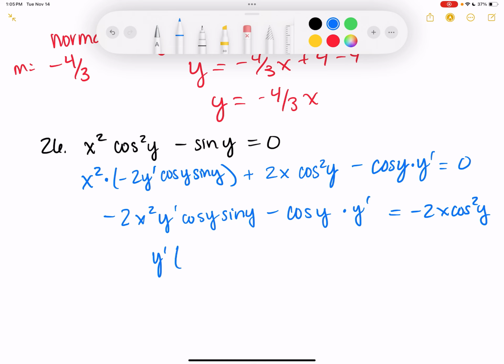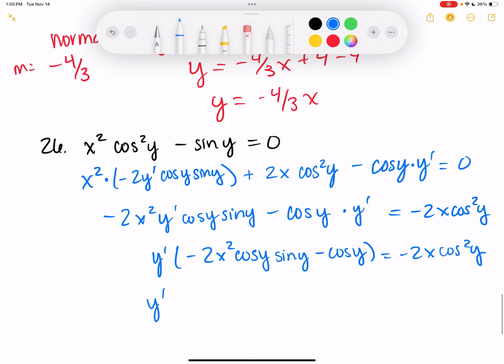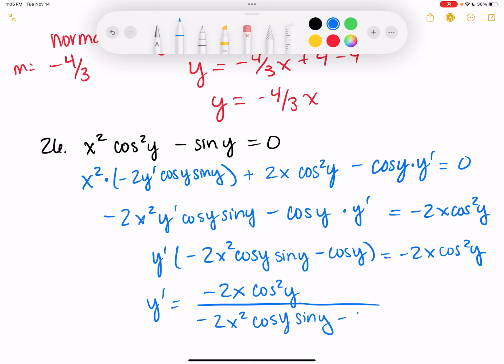This one is pretty ugly. Negative 2x squared cosine y sine y minus cosine y equals negative 2x cosine squared y. Then divide by all that. Should not have volunteered to do this. I'm just kidding. Negative 2x cosine squared y divided by negative 2x squared cosine y sine y, goodness gracious, minus cosine y.